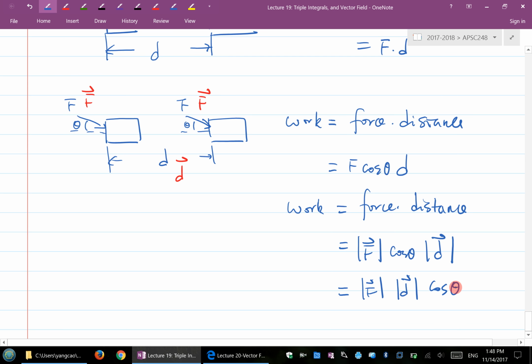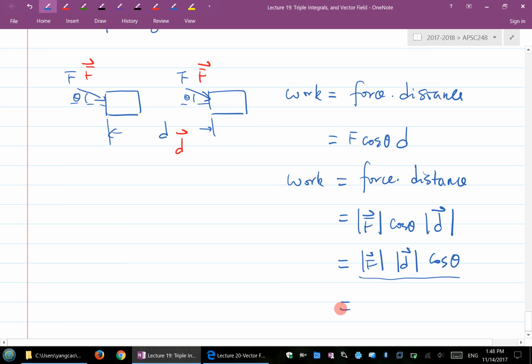And then the last expression here, what is it? This is F dot d. That makes sense?